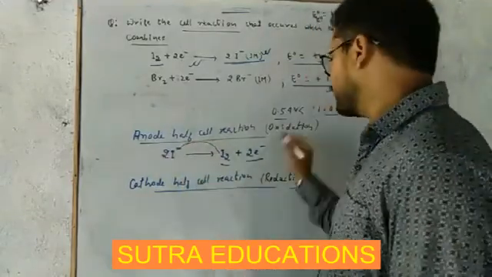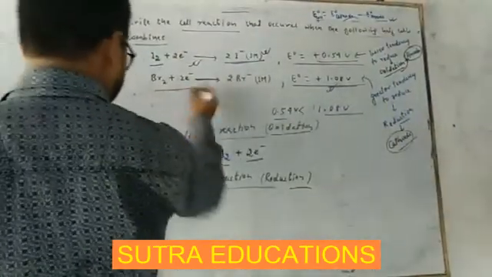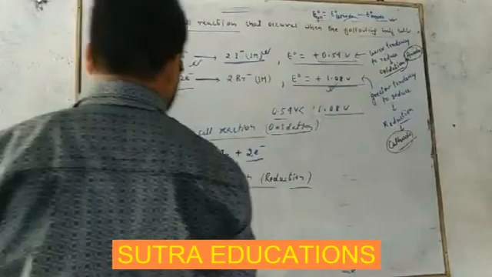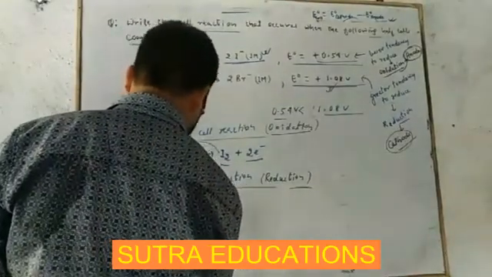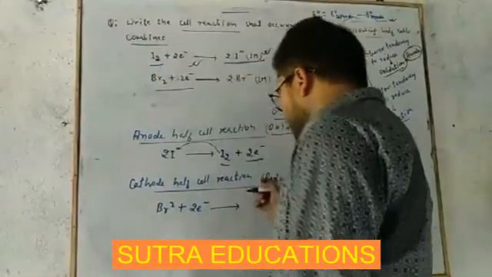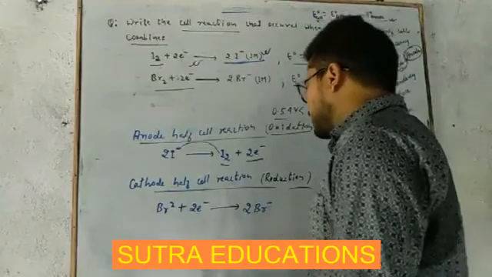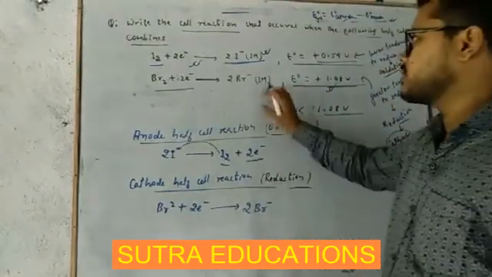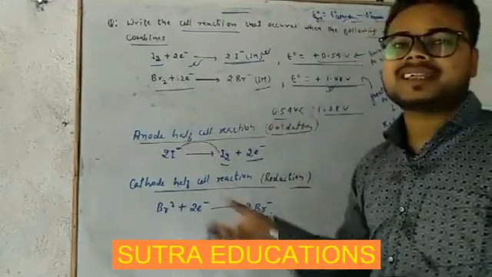Here what to write? Write this as it is, means Br2 plus 2 electrons, it will accept the electrons to reduce and form 2Br minus. No need to write concentration. This concentration is just to show it is a standard value.